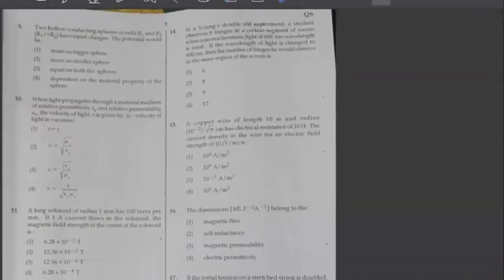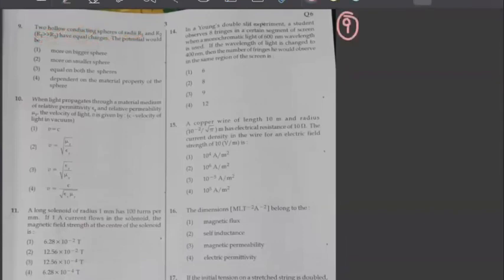Okay, so going ahead, next one is two hollow conducting spheres. They are hollow and conducting, meaning they are made of metal, of radii R1 and R2, and have equal charges. R1 is very large compared to R2. So what's the formula for potential?